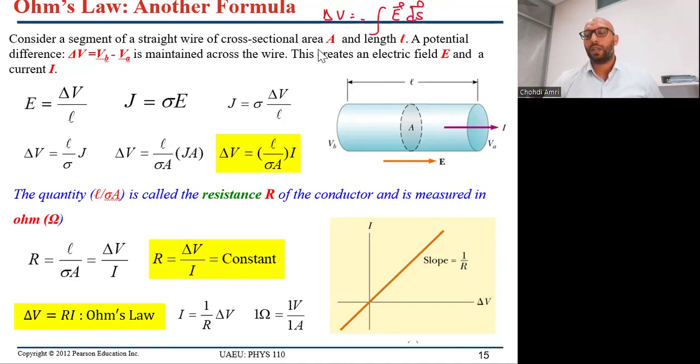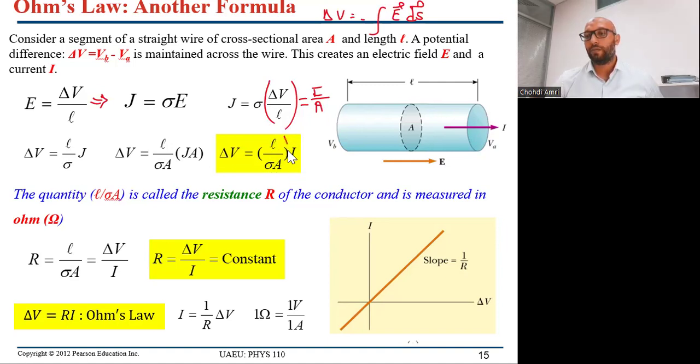In our case, we will take the absolute value, and we're going to get E equals delta V over L. That means the current density J is, as we said in the previous slide, sigma E, and E equals delta V over L. On the other side, J equals I over A. So that means delta V will be equal to L over sigma A multiplied by I.